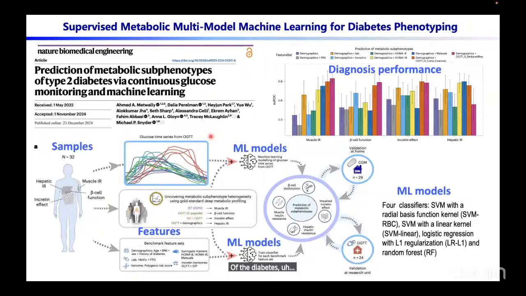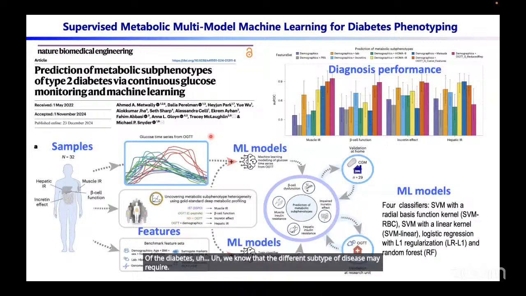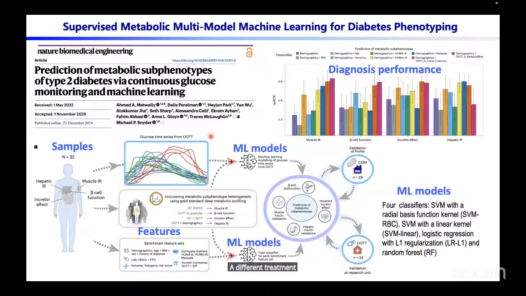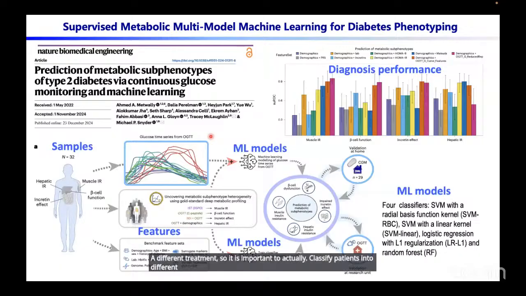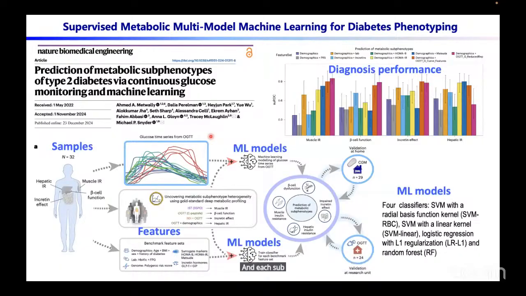We know that different subtypes of a disease may require different treatment. So it is important to classify patients into different subgroups, and each subgroup has an optimized treatment that typically differs from the other subtype groups. So this is the approach.